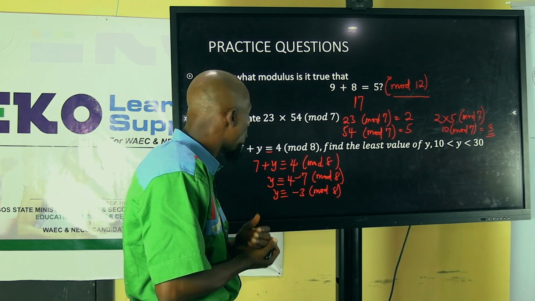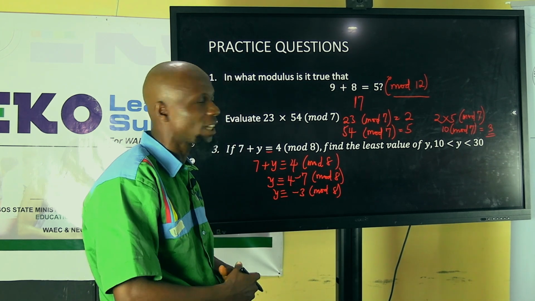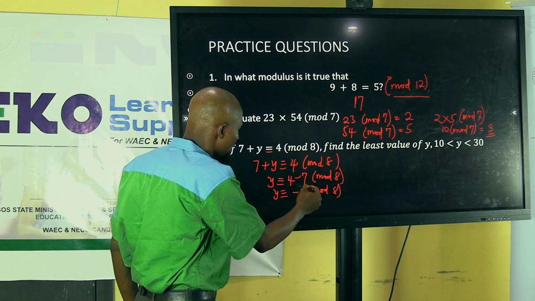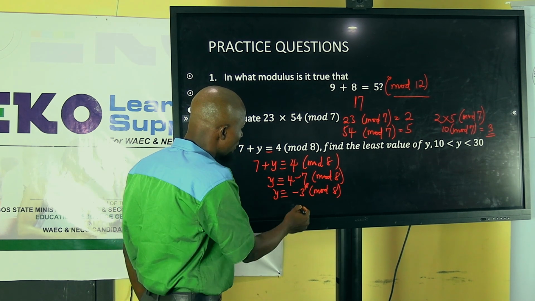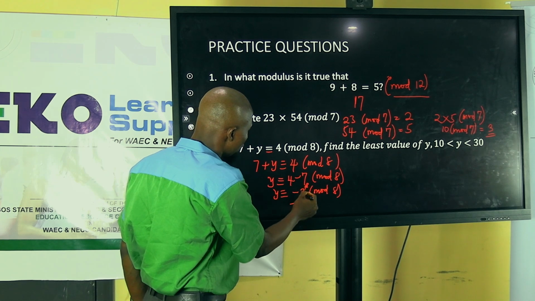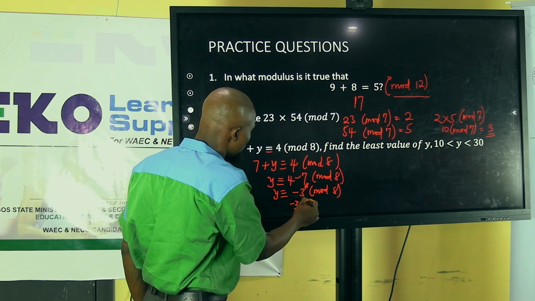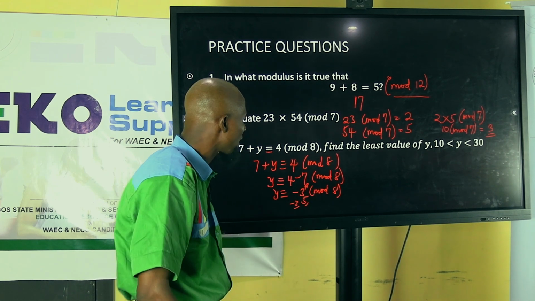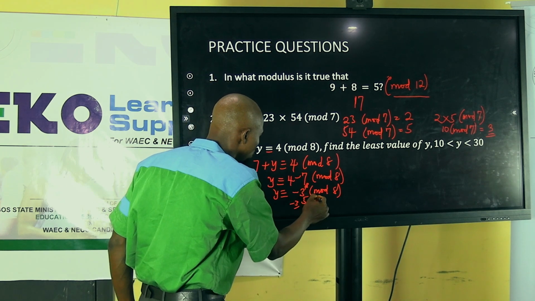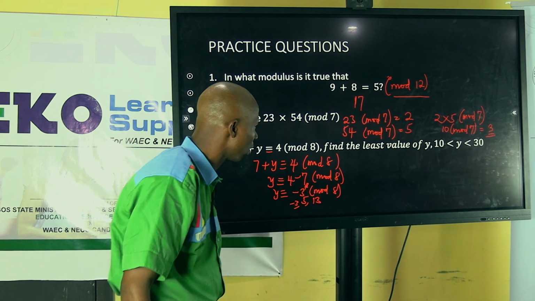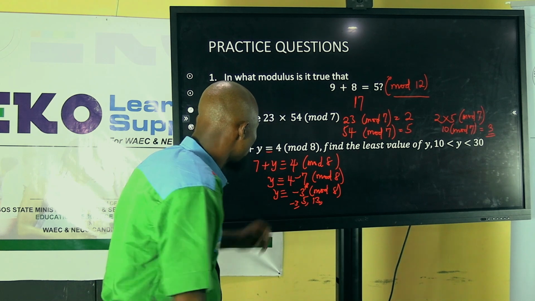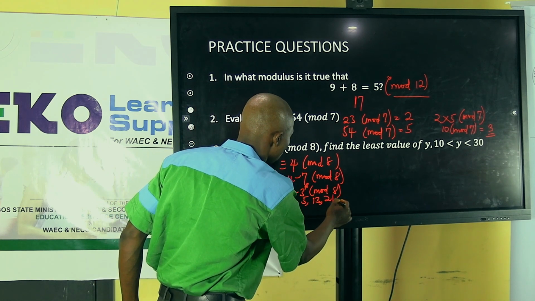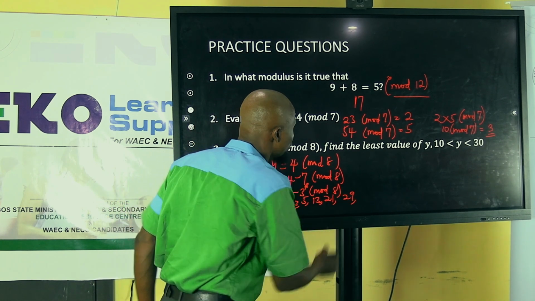Let's look for some members of that particular class. How do we get the members? Add 8. Apart from minus 3, minus 3 plus 8 is 5. 5 is a member of that class. Add 8 to 5, that is 13. 13 is a member of that class. Add another 8, that's 21. Add 8, 29, and so on.